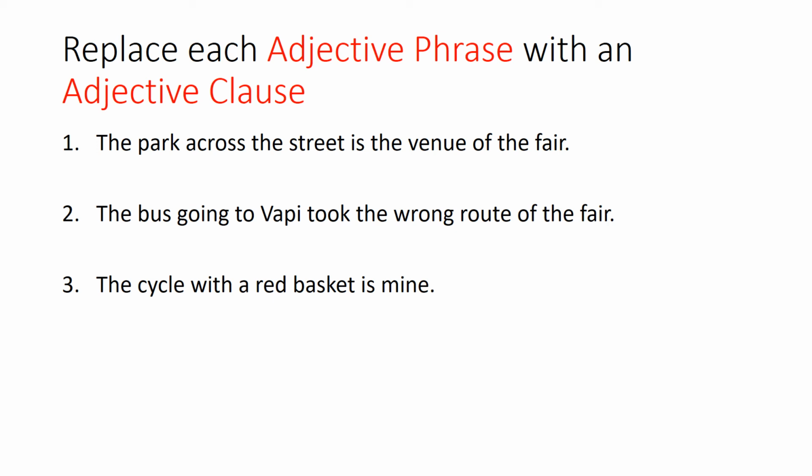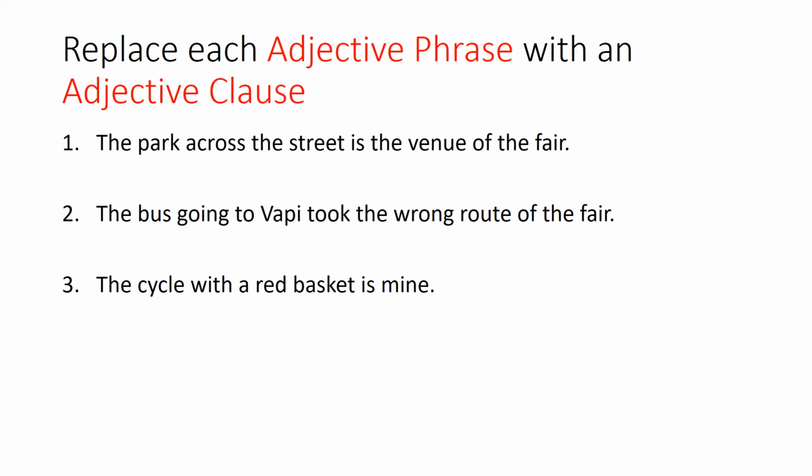Second example. The bus going to Vapi took the wrong route. Going to Vapi, adjective phrase. Add the word which. The bus which was going to Vapi took the wrong route.